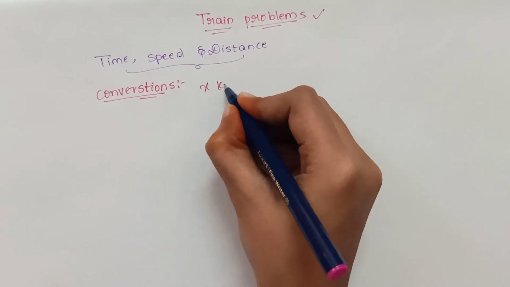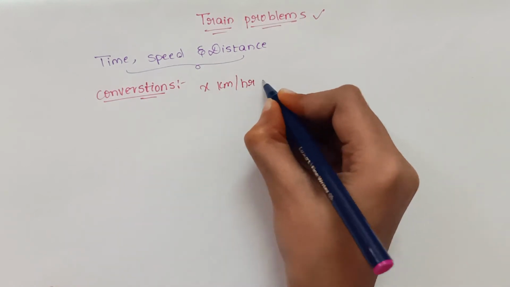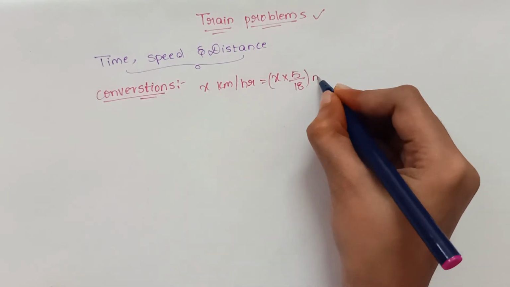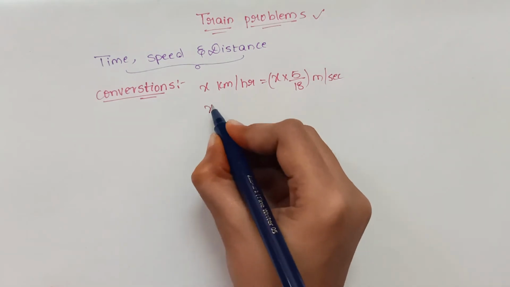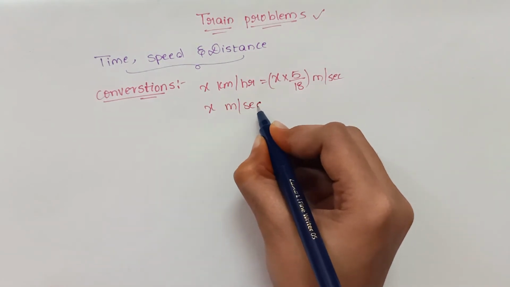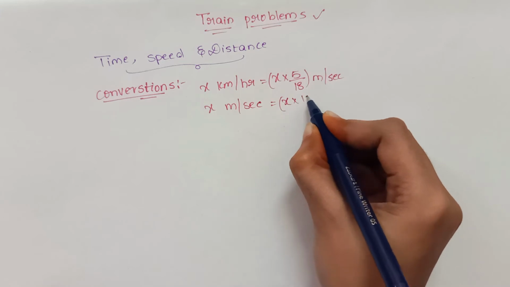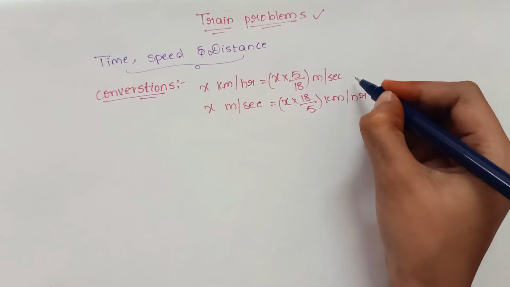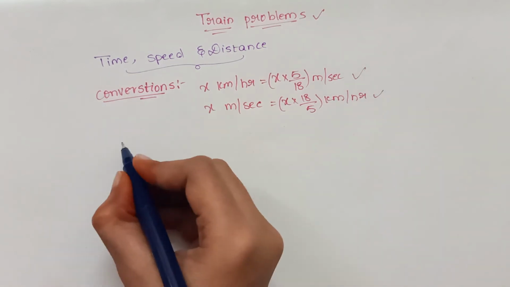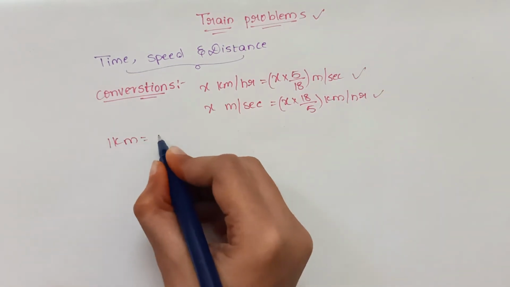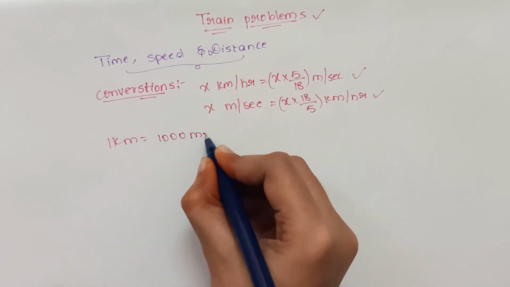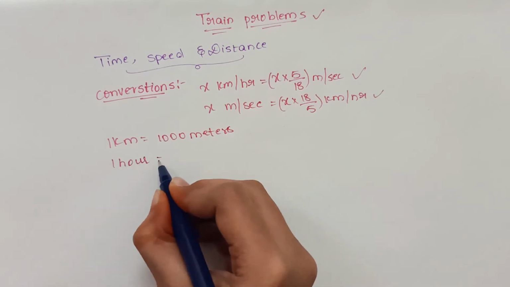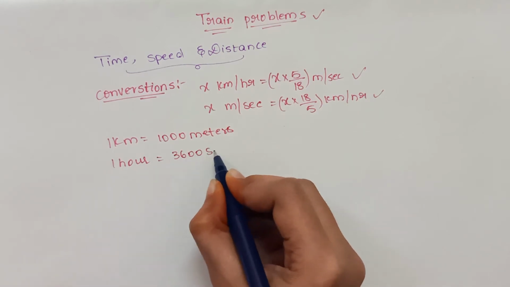x kilometer per hour is equal to x into 5 by 18 meter per second, whereas x meter per second is equal to x into 18 by 5 kilometer per hour. The easy way to remember this is 1 kilometer is equal to 1000 meters and 1 hour is equal to 3600 seconds.